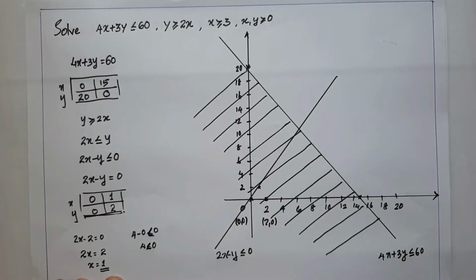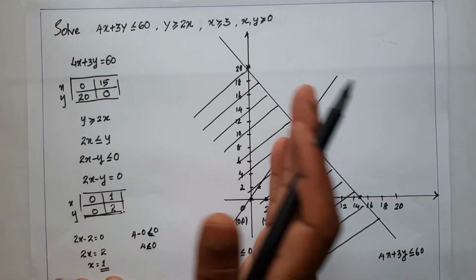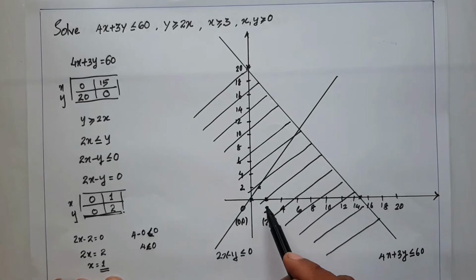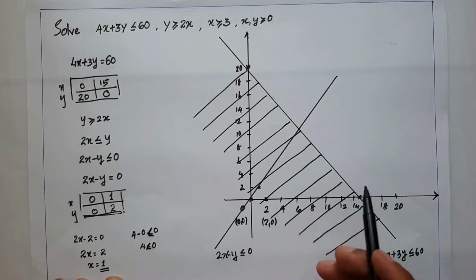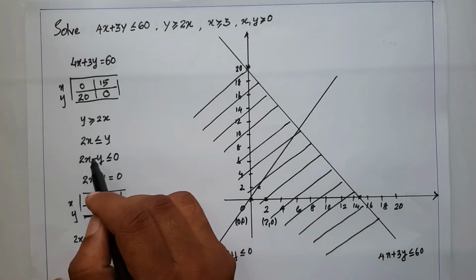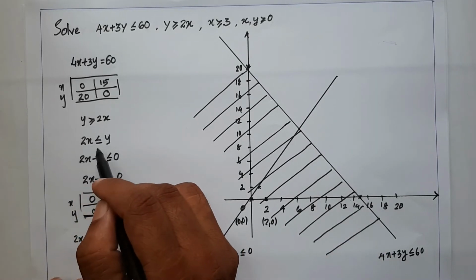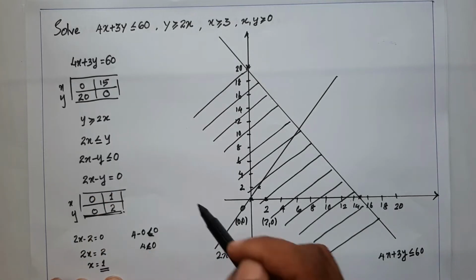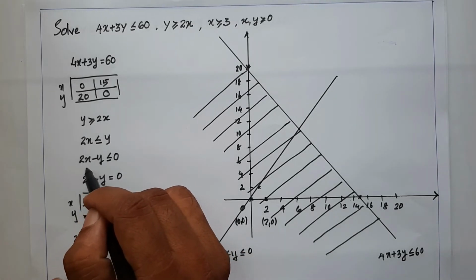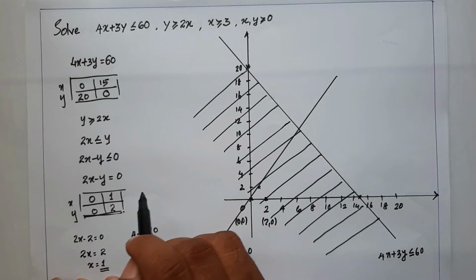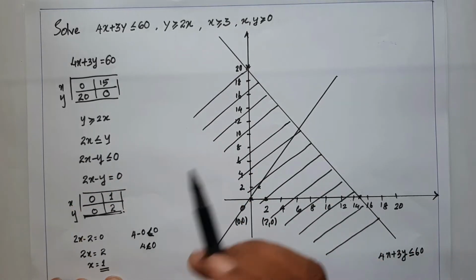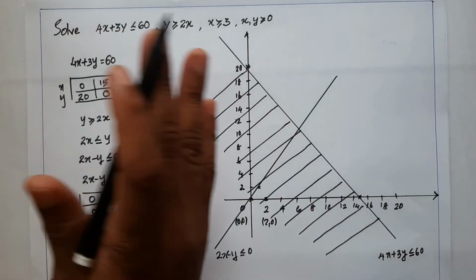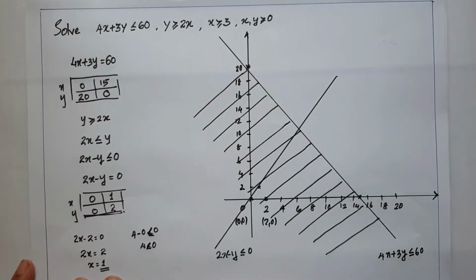Whatever point we take, in the upper half plane or lower half plane, say a point below the line in the lower half plane, 2, 0 or 4, any point. But 2, 0 does not satisfy the given inequality, because when we put x equal to 2 and y equal to 0, we get 4 less than 0, which is not possible. So we consider the upper half plane as our solution part.